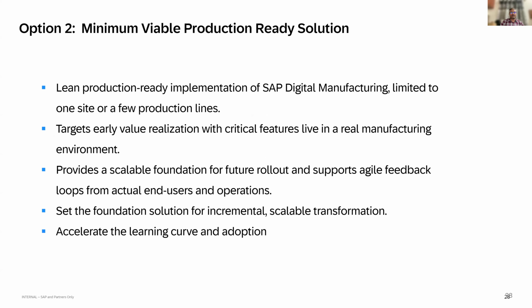In case of a pilot, if you can go to the next slide, it is more of a productive usage of the application itself. In the case of DM, we can take one productive line or a particular process into consideration and implement an end-to-end solution, compared to a proof of concept.